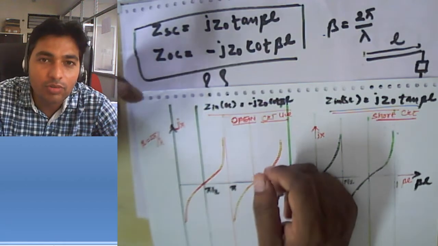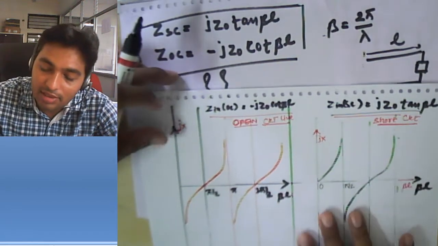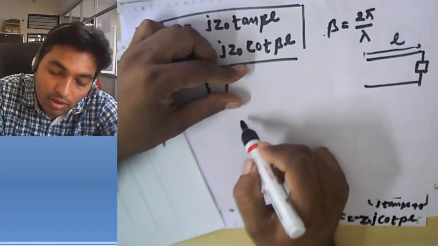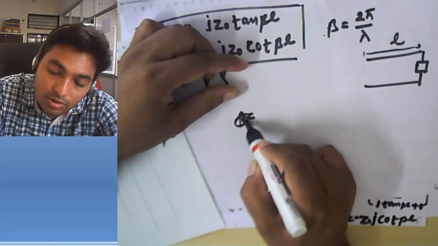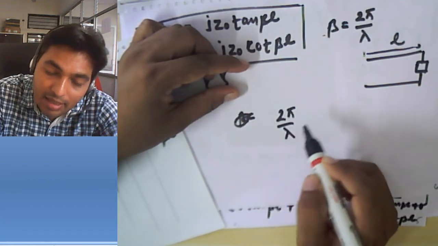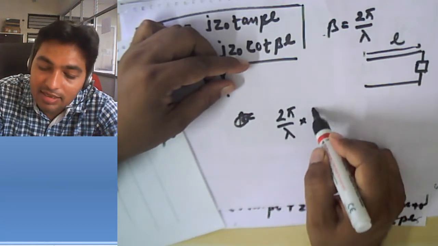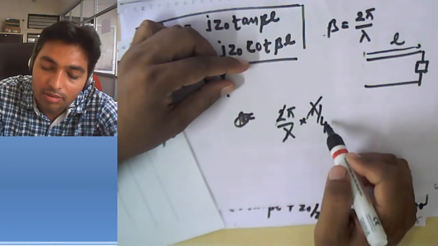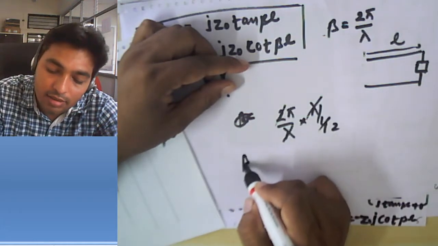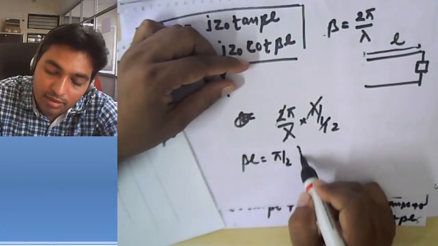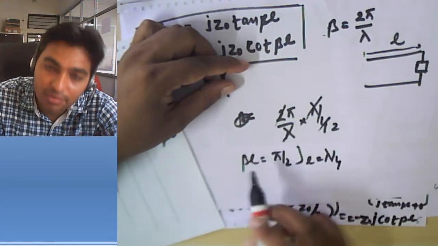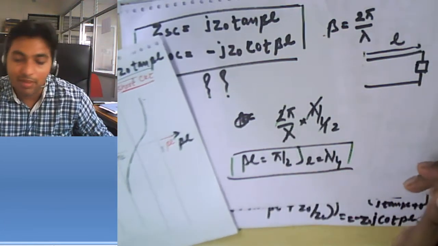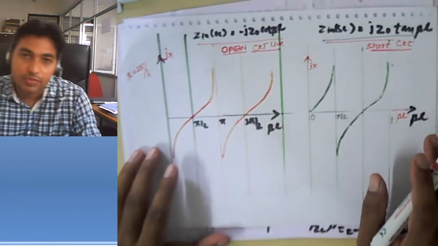When the length of the line is equal to λ/4. Let us see how. β is 2π/λ and the length of the transmission line is λ/4, so the 2 cancels out and βL is equal to π/2 when the length of the line is λ/4.